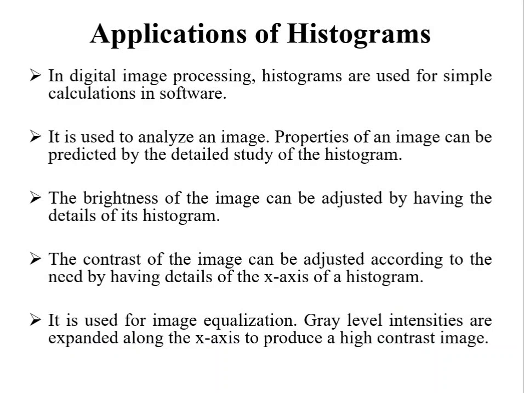The brightness of the image can be adjusted by having the details of its histogram. Next, the contrast of the image can be adjusted according to need by having details of the x-axis of a histogram. It is used for image equalization. Gray level intensities are expanded along the x-axis to produce a high contrast image.